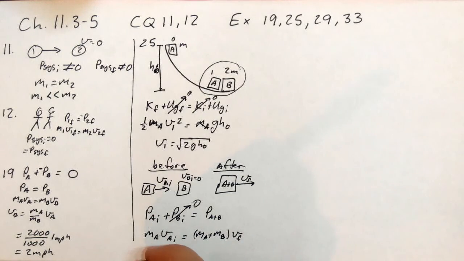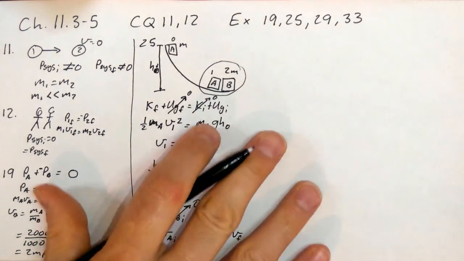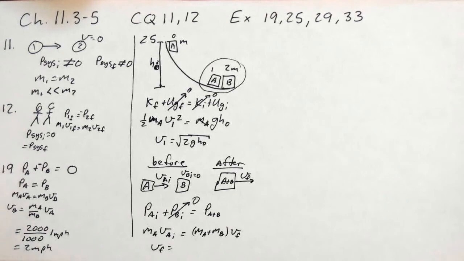Okay, so V final then is equal to MA over MB plus MA times VA initial. Okay.